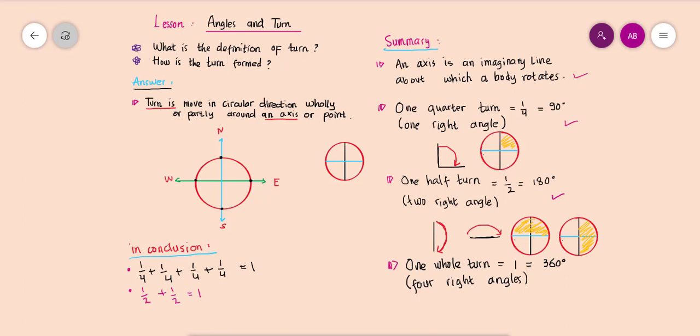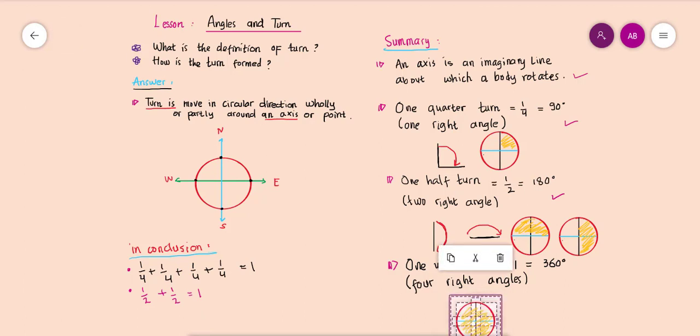Okay, if I want to show it, I will draw it over here. All of the circle will be shaded. Okay, and in conclusion, 1 over 4 added to 1 over 4 added to 1 over 4 and also added to 1 over 4 is equal to 1, or 1/4 added to 1/4 added to 1/4 added to 1/4 is equal to 1 whole.